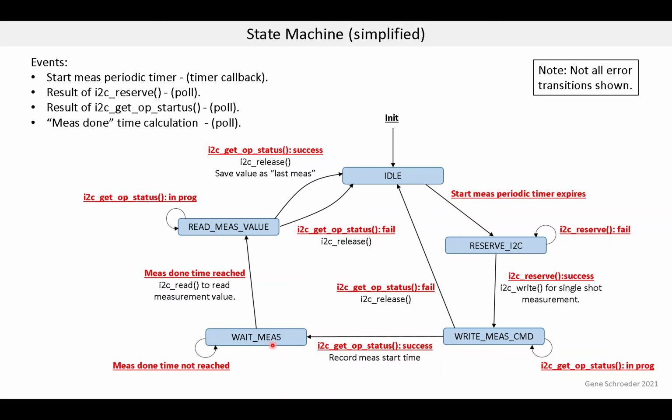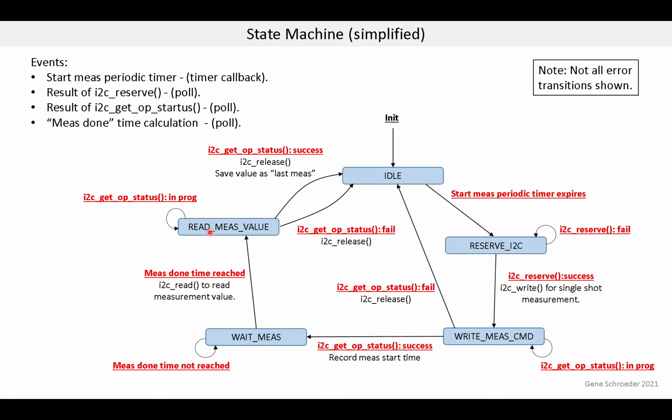As discussed previously, we should wait 15 milliseconds to be certain the measurement is done. When that time is up, we call I2C read to read the measurement data. So the read measurement value state is a lot like write measurement command, as we keep checking the status of the operation.